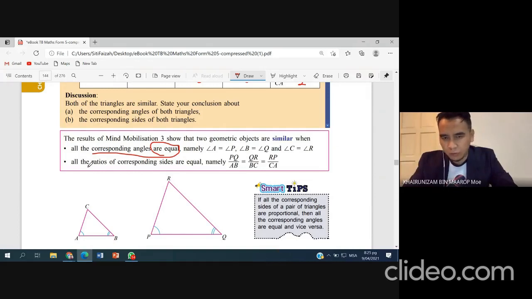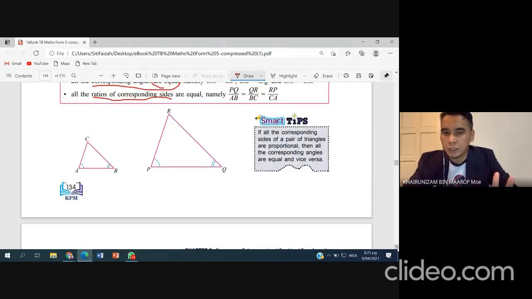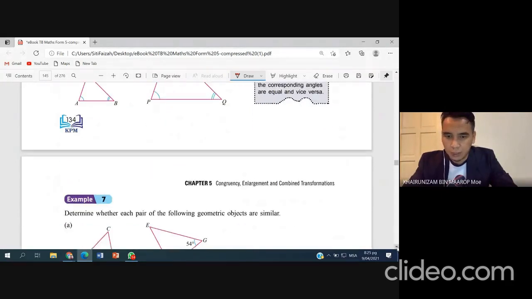And then the ratio of the corresponding sides is also equal. We calculated just now. We get the ratio is 2, all 2. So that means these triangles are similar. Get it? That is the property of similarity.